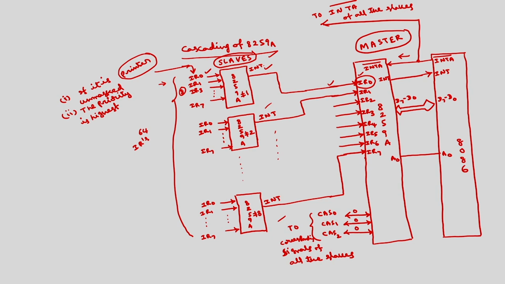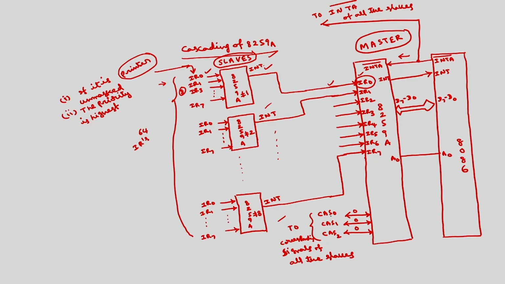So, the first INTA bar cycle will be just neglected by the slave which has initiated the interrupt request, whereas after receiving the ID of that particular slave on CAS 0 to CAS 2, the corresponding slave will respond to the second and third pulses of the INTA bar cycle.